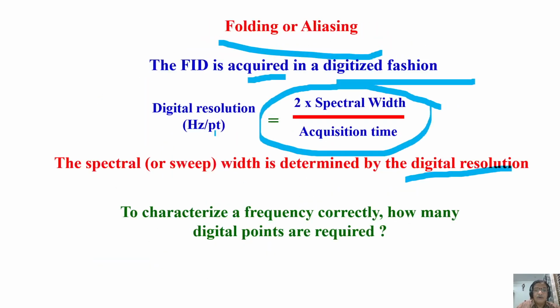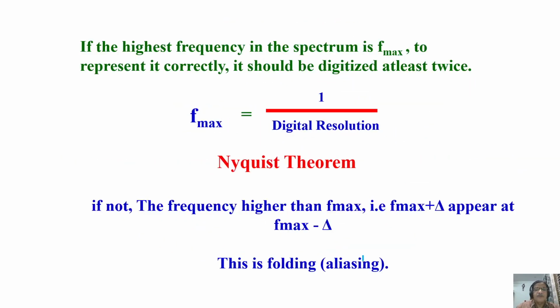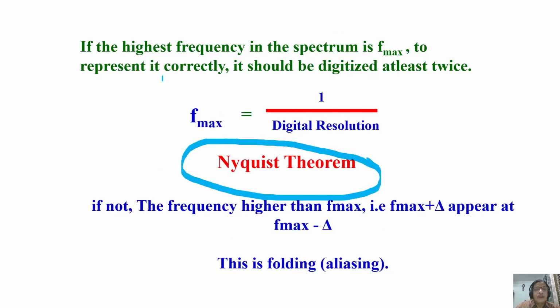Correct. Now, another extension of this is, if you do not have enough digital points, you get into a problem called folding or aliasing. This is because of what is called the Nyquist theorem in Fourier transformation. Let us say I have a spectrum with different frequencies from 0 to 10 ppm.